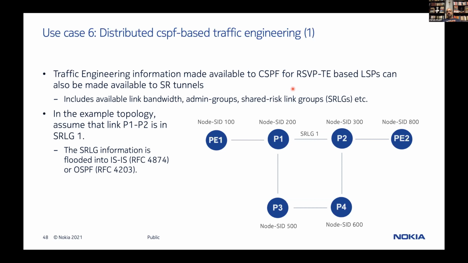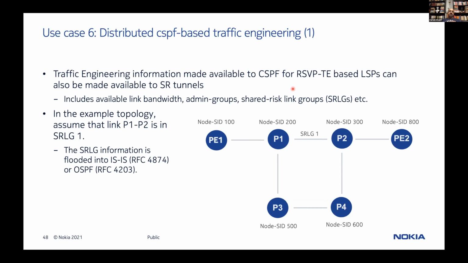But what if you wanted to just emulate what we have with RSVP-TE? No global visibility, but at the same time, we still want to use CSPF, constrained shortest path first. Can we do this? And the answer is absolutely yes.